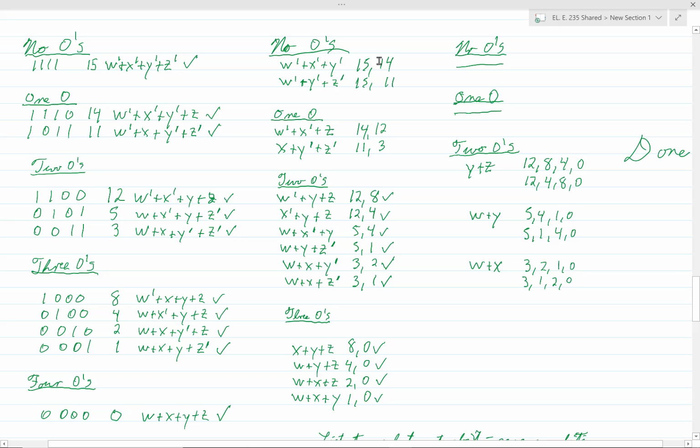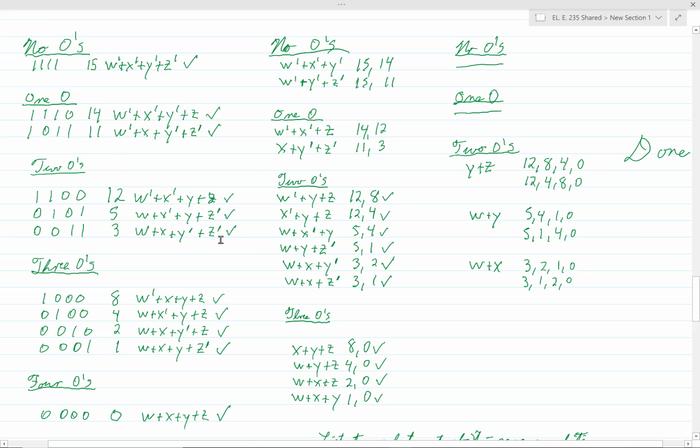Actually, 14 already had a check mark because of the 15 and 14. 11 has a check mark because of the 15 and 11. 15, certainly it's in both of these, so it gets a check mark. And then 14 and 12, we said that works, so 14 already has a check mark, then 12 will get one. 14 and 5, 14 and 3 don't work, 11 and 12 doesn't work, 11 and 5 doesn't work, but 11 and 3 does work.